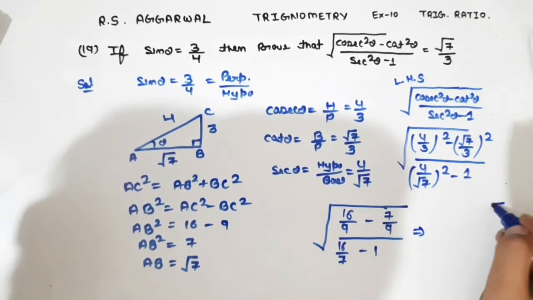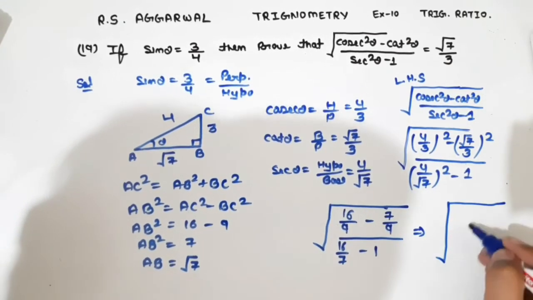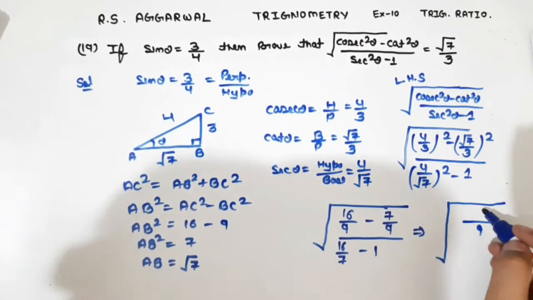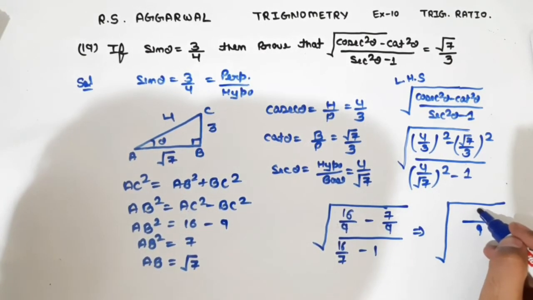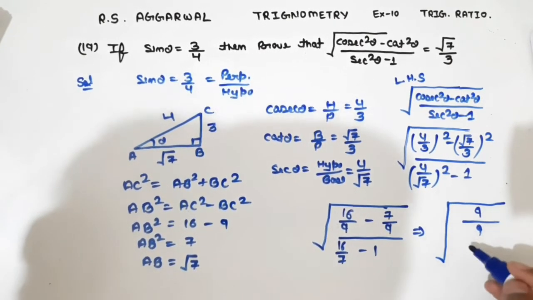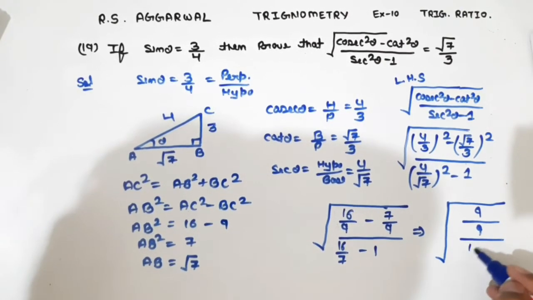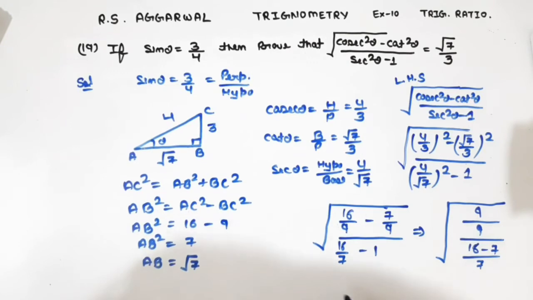So here our LCM will be 9, and 16 minus 7 will be 9. From here 7 will be the LCM, 16 minus 7.